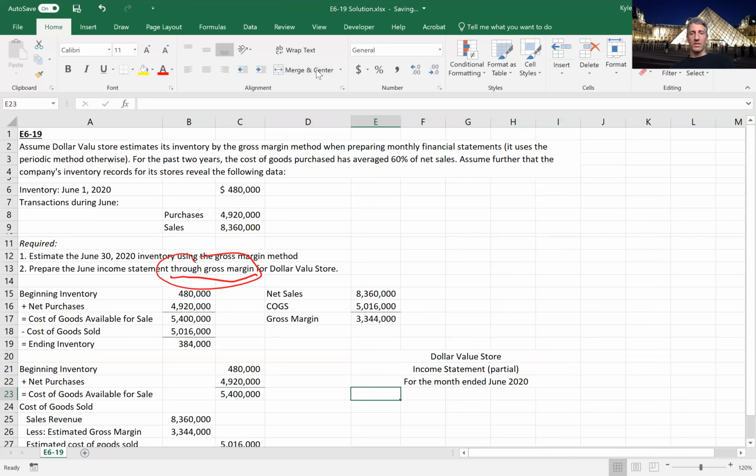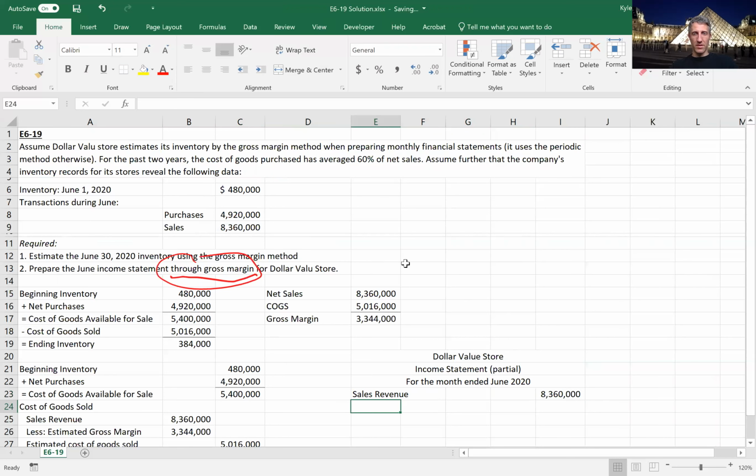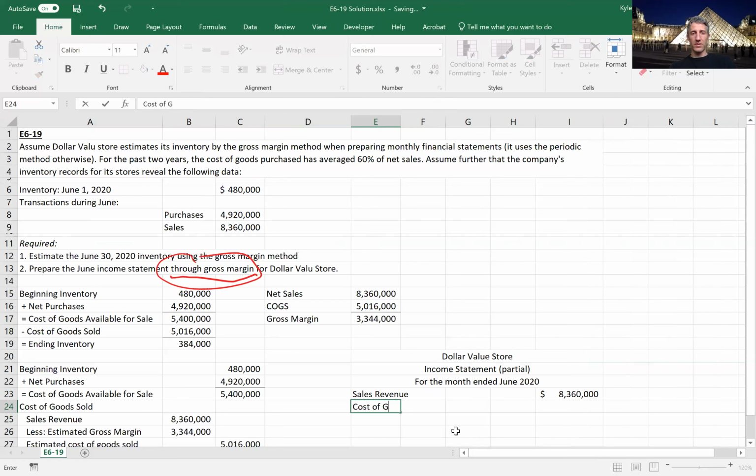2020. So to start off our income statement, it always is going to start with your revenue amounts. So sales revenue, we're given sales revenue of 8.3 million. Again, indicating in the top row the functional currency of the financial statement, so measured in dollars. Then we disclose what cost of goods sold is.